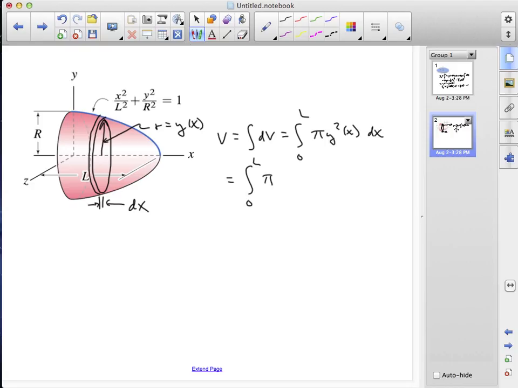We can rearrange the result for the generating expression to write this as y squared equals r squared times the quantity 1 minus x squared over L squared dx.